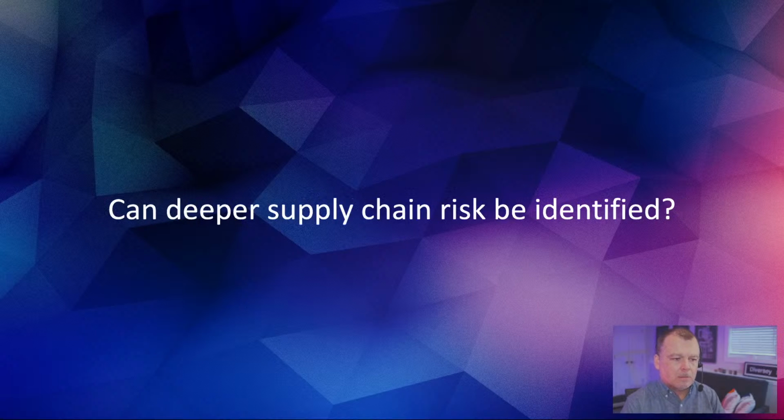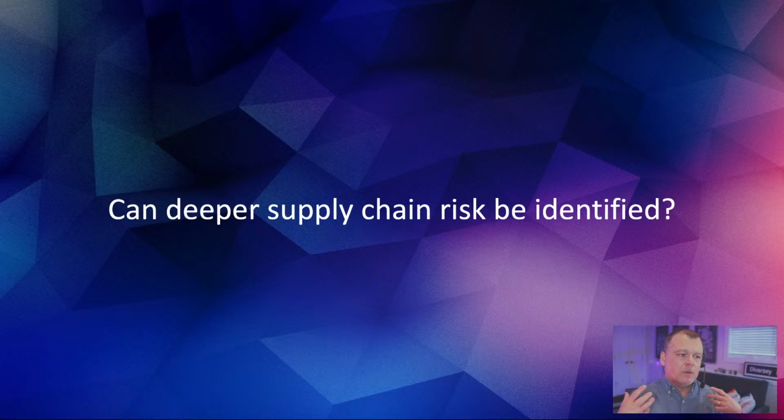Another thing, again, 4 questions for 4.x. Can deeper supply chain risk be identified? Right now, Dependency-Track, which is essentially why most organizations use it as an SCA alternative, kind of does SCA-like things, right? It does known vulnerabilities. It does outdated component analysis. It does license compliance. Great, that sounds like an SCA tool.